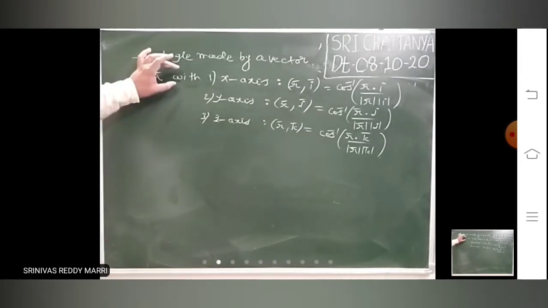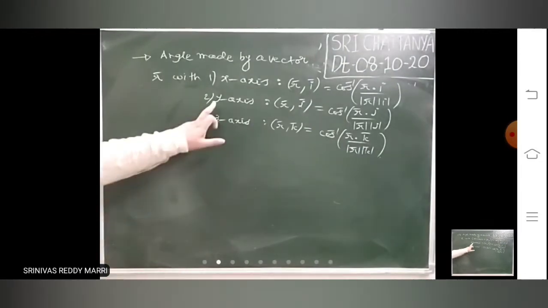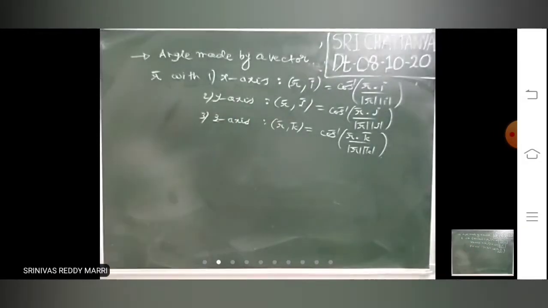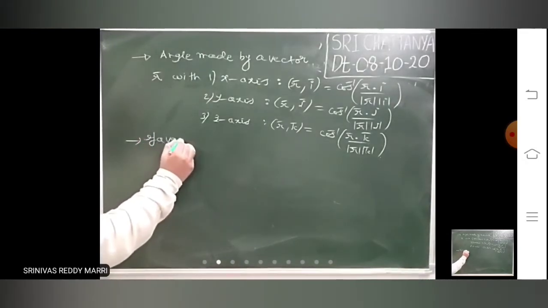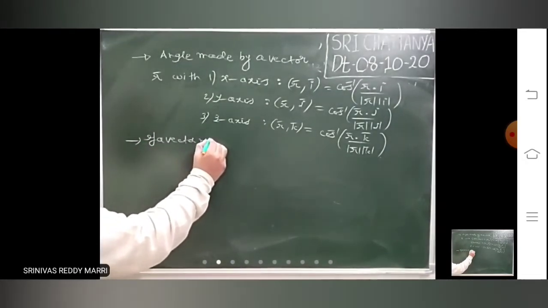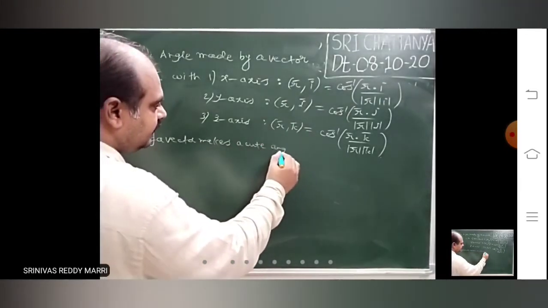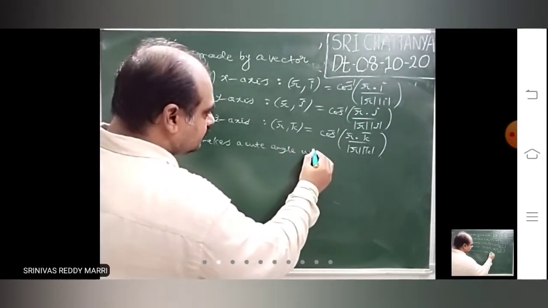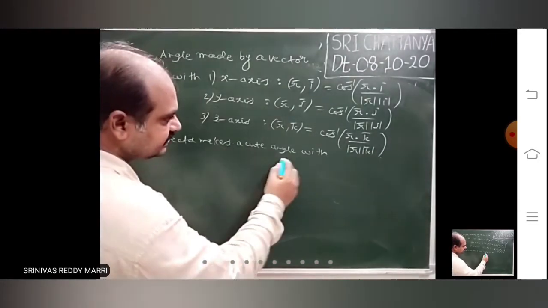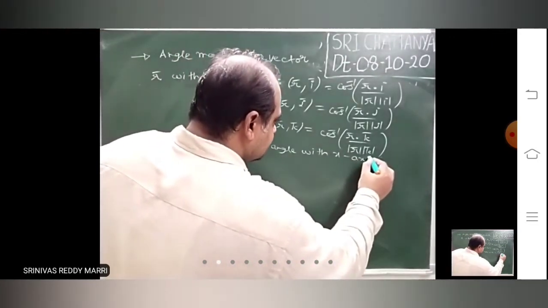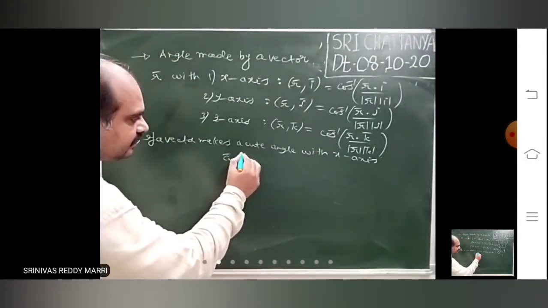So this is the one. Angle made by a vector with x-axis means angle between r bar and I bar. Y-axis means r bar and j bar. Z-axis means r bar and k bar. If a vector makes acute angle with x-axis, acute angle with x-axis means dot product will be what?